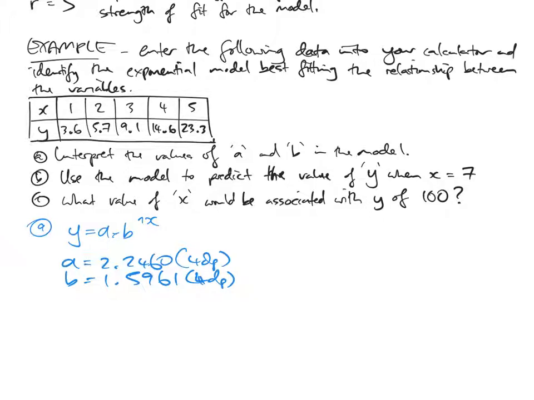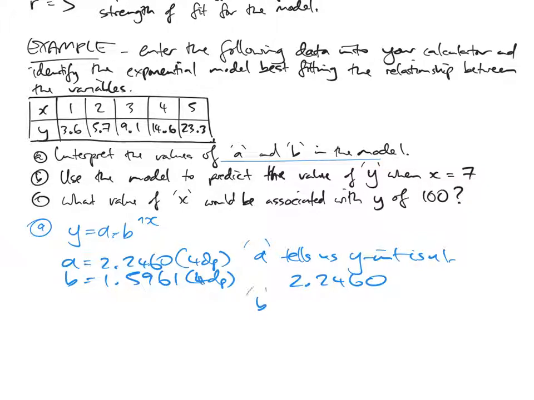So what is that telling me? I need to interpret what A and B mean. A tells us the y-intercept is at 2.2460.